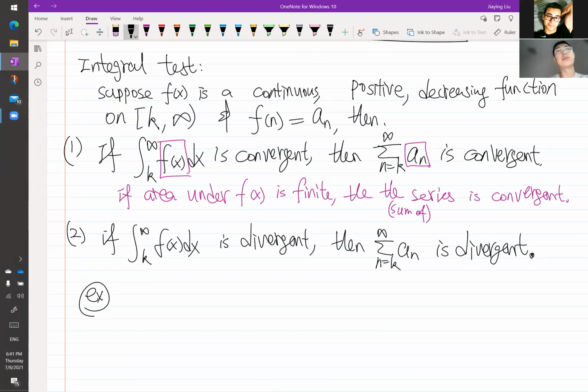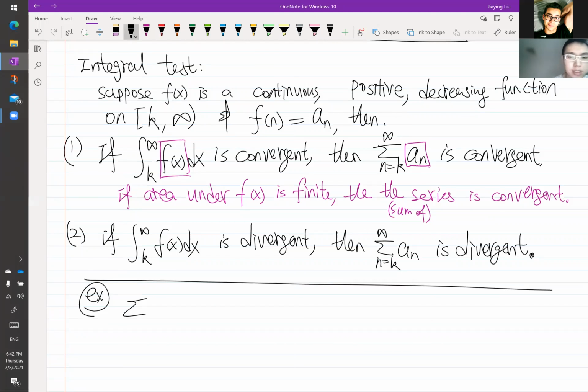Now I'll jump into the example. I'm going to use the first example that we did earlier. So we had the sum from n equals 2 to infinity of 1 over n natural log of n.